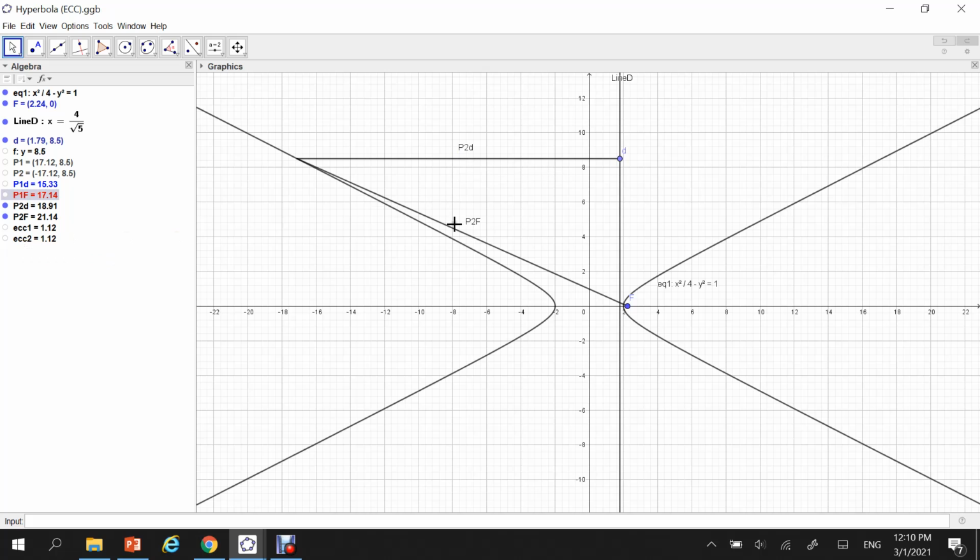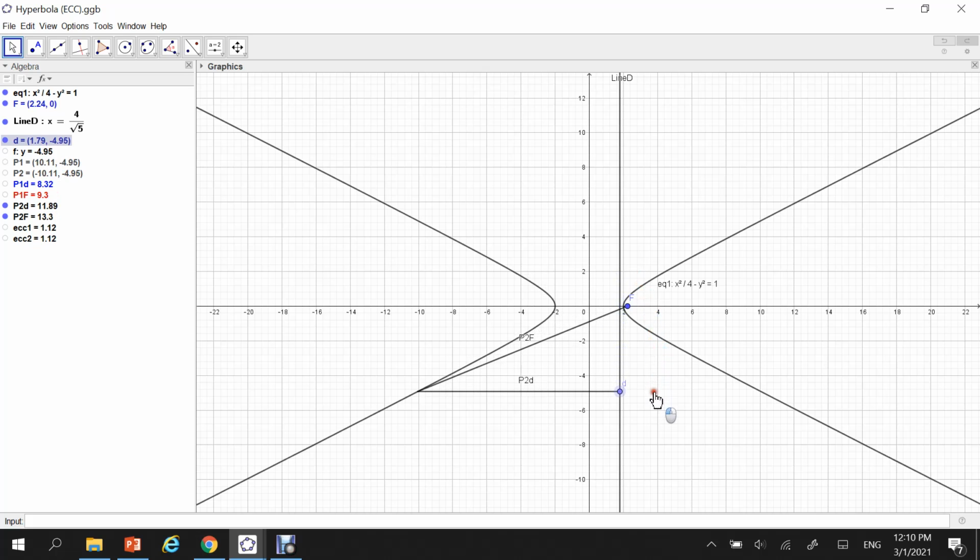So I'm taking the ratio of P2F and P2D. Now notice that as my P2 moves along the left arm of the hyperbola, again my ECC2 is a constant at 1.12. It does not change.